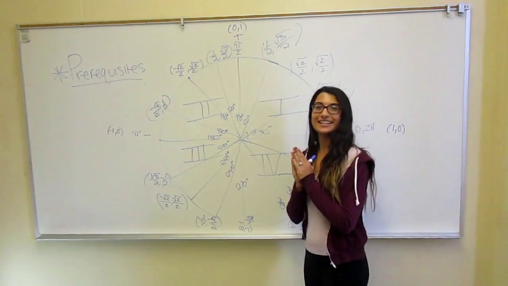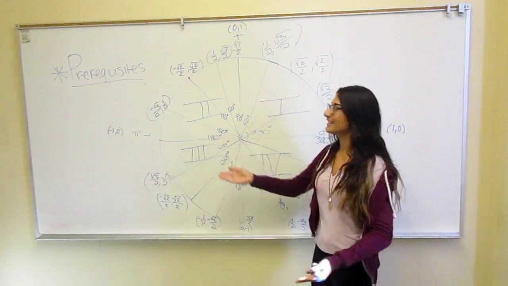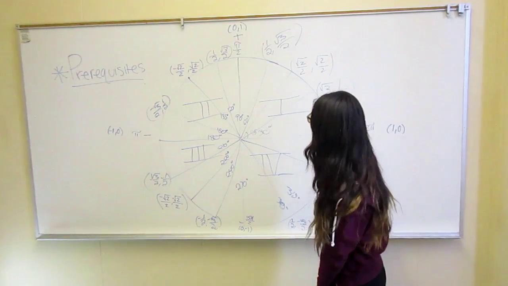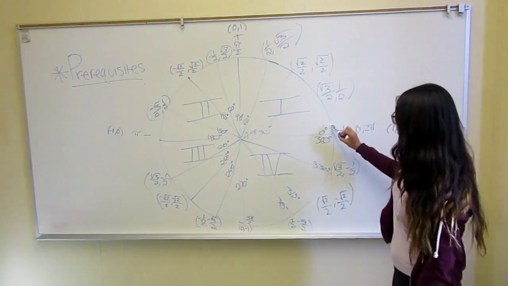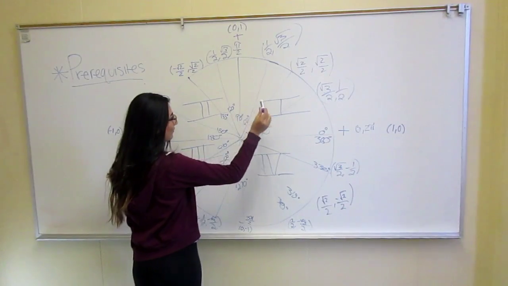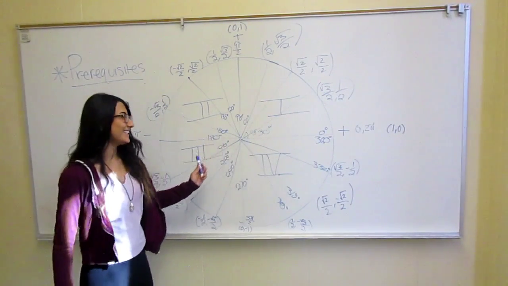Before we start the class, we just want to go over the prerequisites for our course. To learn our trig, you must know this unit circle. On the unit circle, we put lines indicating 30 degrees, 60 degrees, 45 degrees, all over the circle.